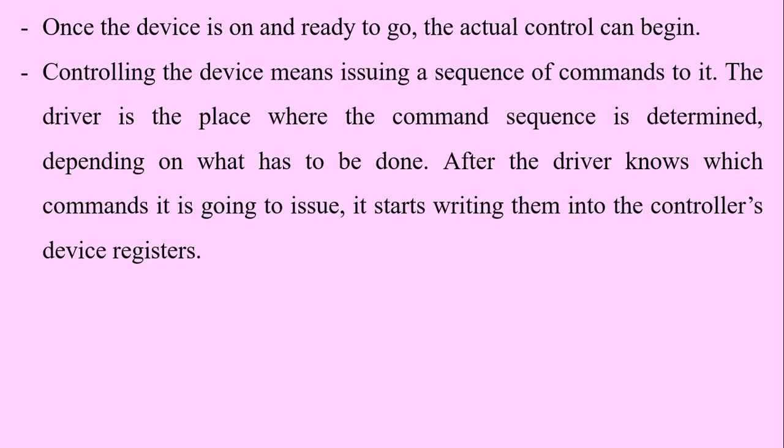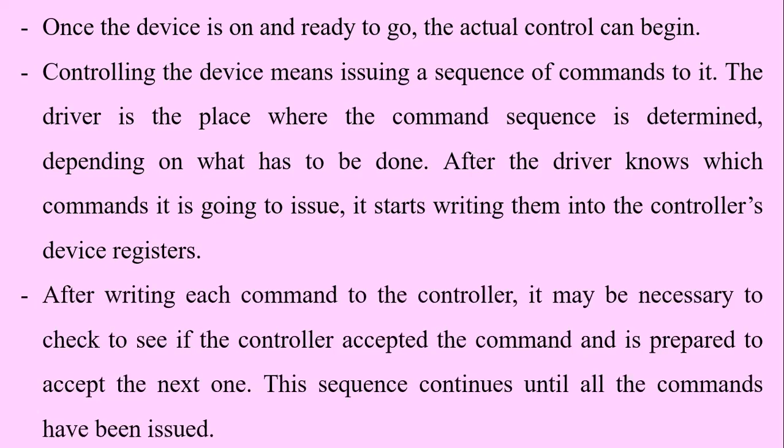After the driver knows which commands it is going to issue, it starts writing them into the controller's device registers. After writing each command to the controller, it may be necessary to check to see if the controller accepted the command and is prepared to accept the next one. This sequence continues until all the commands have been issued.